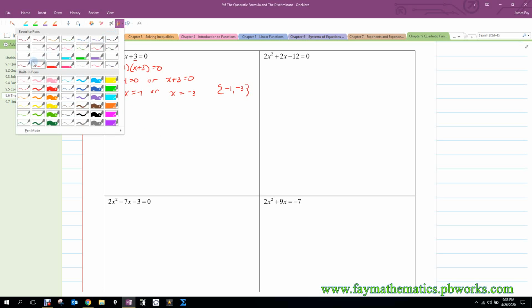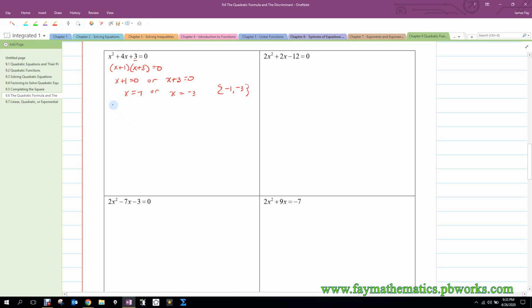If I didn't realize that, didn't see that right off the bat, I can use the quadratic formula. Say x equals the opposite of b plus or minus the square root of b squared minus 4ac, all over 2a.